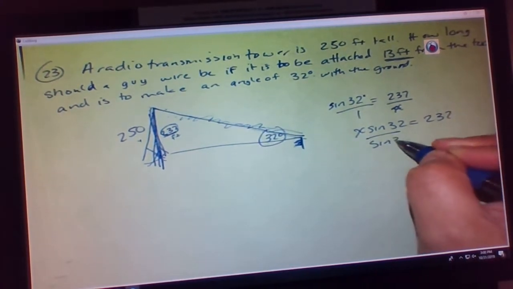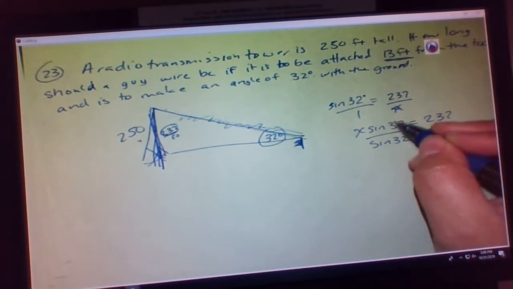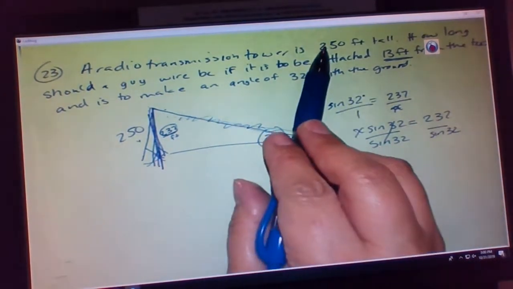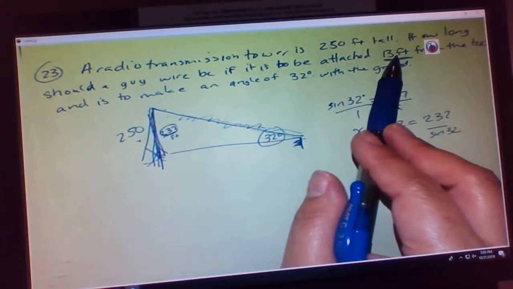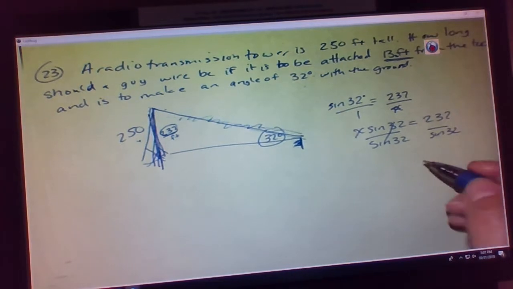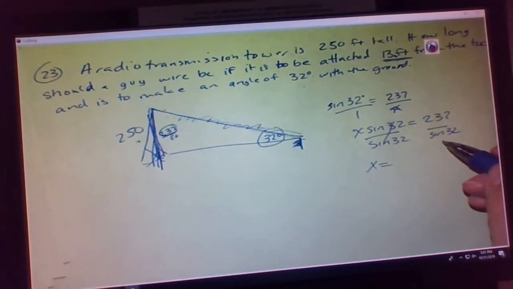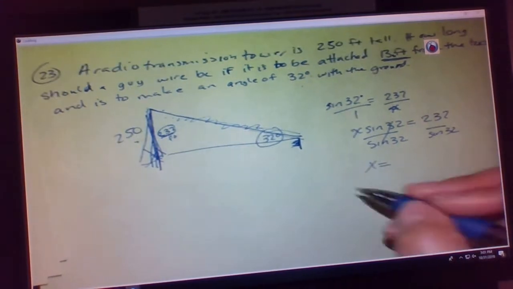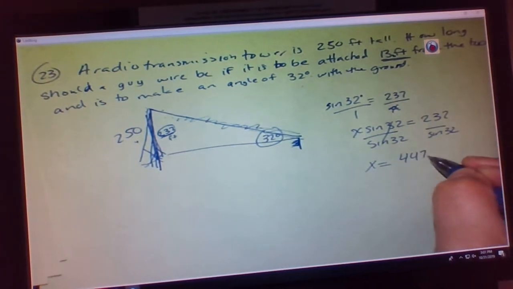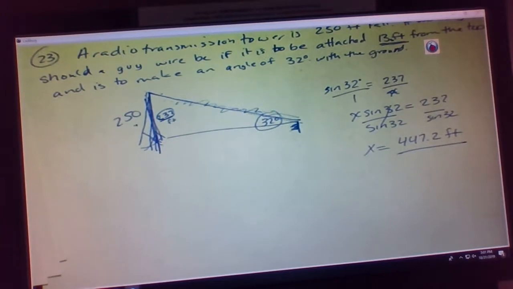Divide both sides by sine of 32. And you're going to get the same problem, just instead of 250, 300. Instead of 13, 12. Instead of 32 degrees, same type of problem. So X equals 237 divided by sine of 32, which is 447.2 feet for the wire that they're trying to put.